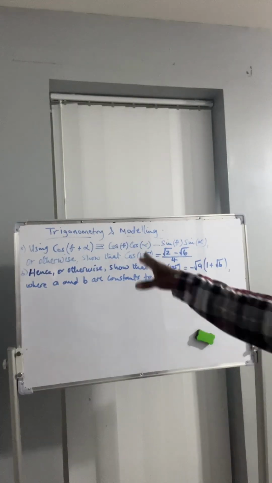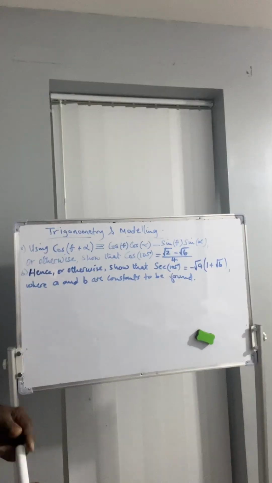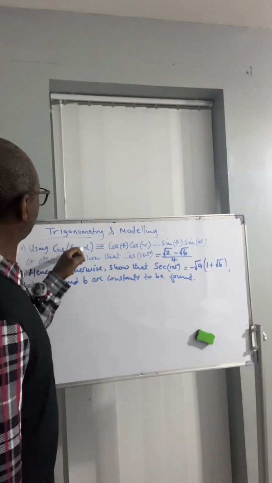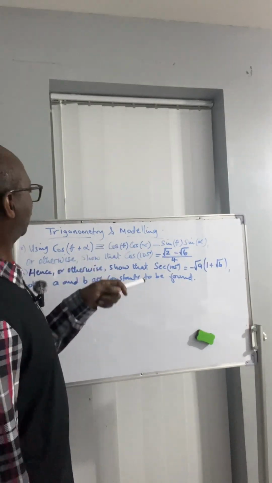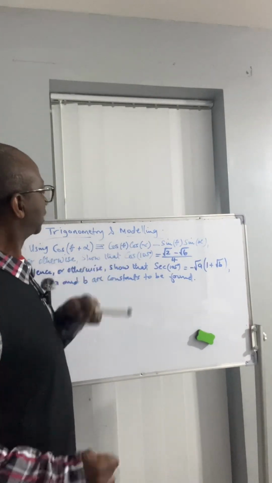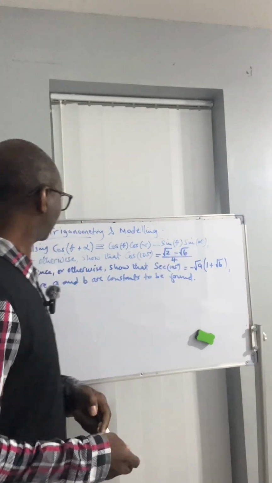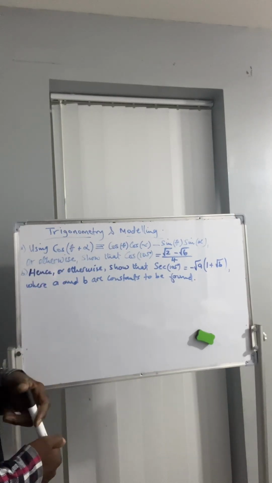So let's see what we have here. We are given that the cosine of theta plus alpha is equivalent to cos of theta times the cosine of alpha minus the sine of theta times the sine of alpha, or otherwise.